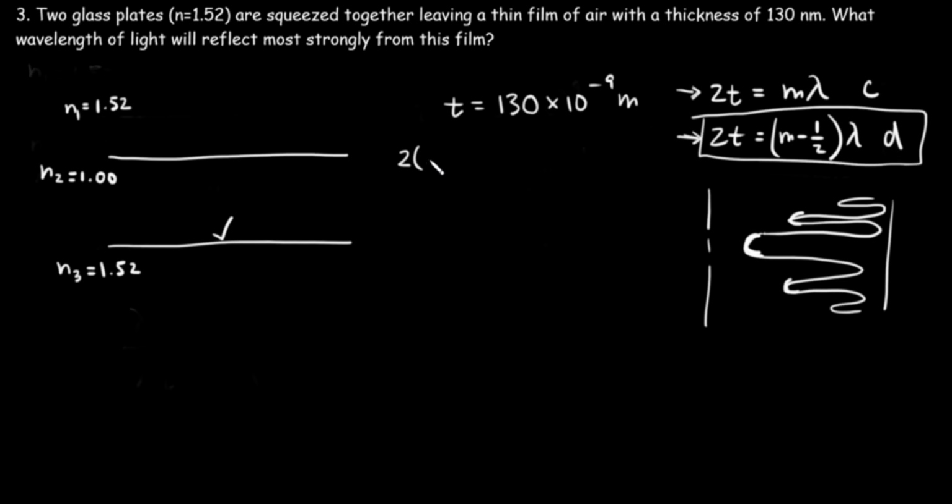So 2 times t equals 1 minus 1 over 2 is 1 over 2. So 1 over 2 times lambda.